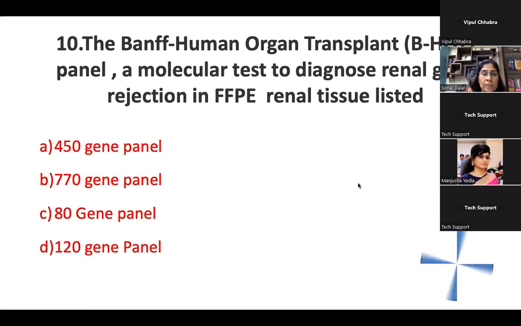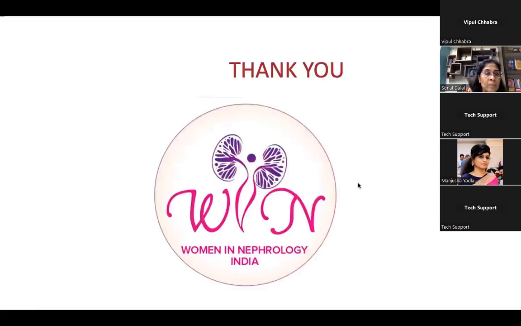Sorry, I forgot to start the timer. Time up. The correct answer is option B. The FFPE renal tissue, it listed 770 gene panel.